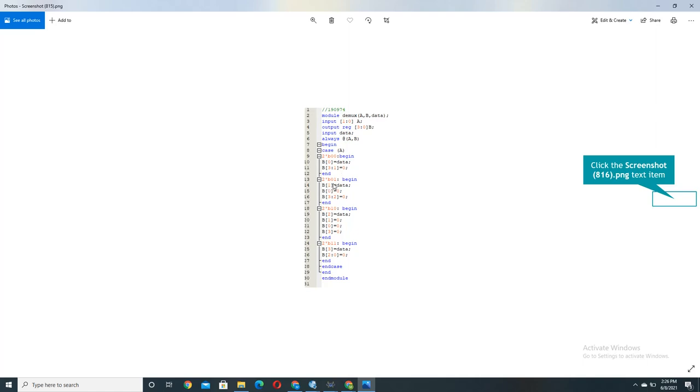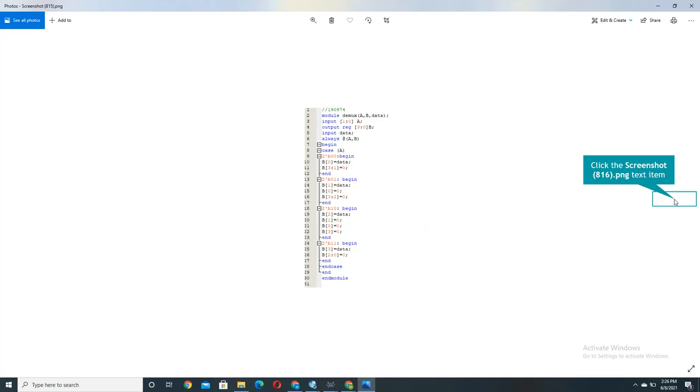Then if the selection line is 01, then B1 would be equal to the data value, and the others would be 0. Then with 10, B2 is equal to data, and similarly for the rest.